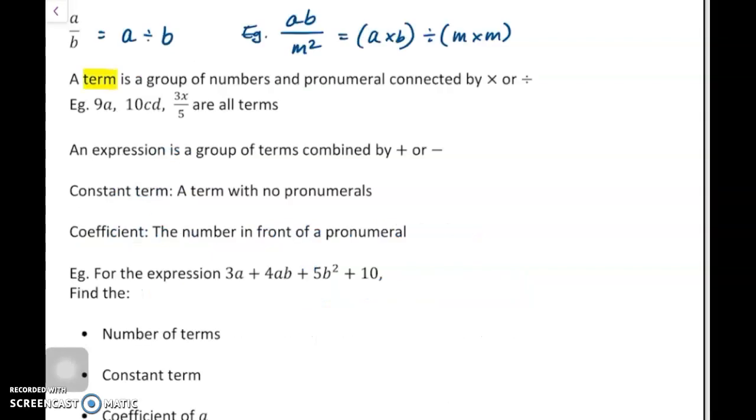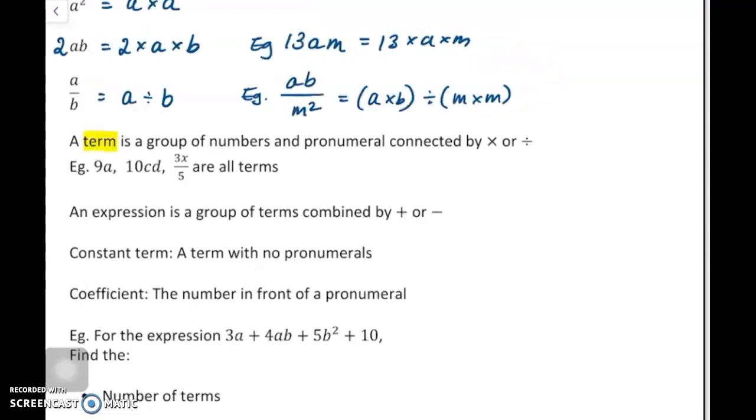Now, the next word we need to know is the word term. And a term is just a group of numbers and pronumerals connected by multiplication or division. So in our example above, 13AM is 13 times A times M. So 13, A and M are connected by a times sign. So we can say 13AM is a term.